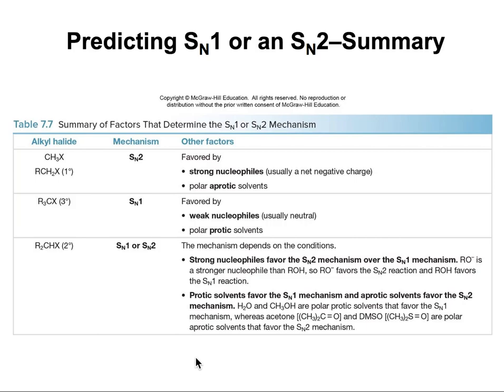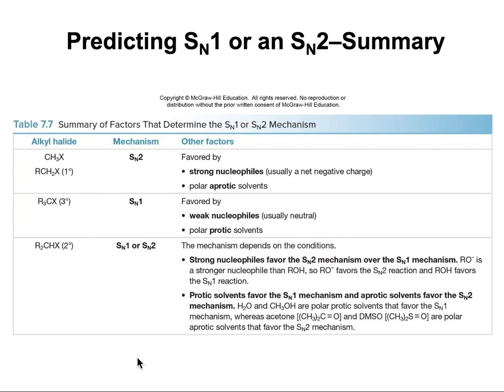Remember that one of the ways that you can tell if a reaction goes through Sn1 or Sn2 is by looking at the stereochemistry. If there is an inversion of stereochemistry, it means that it goes through Sn2. And when we end up with a racemic mixture, that means that we went through a carbocation, and that tells us that we got there through an Sn1 mechanism.